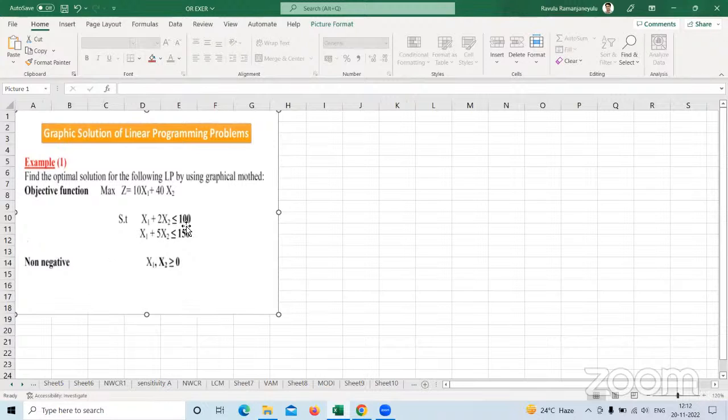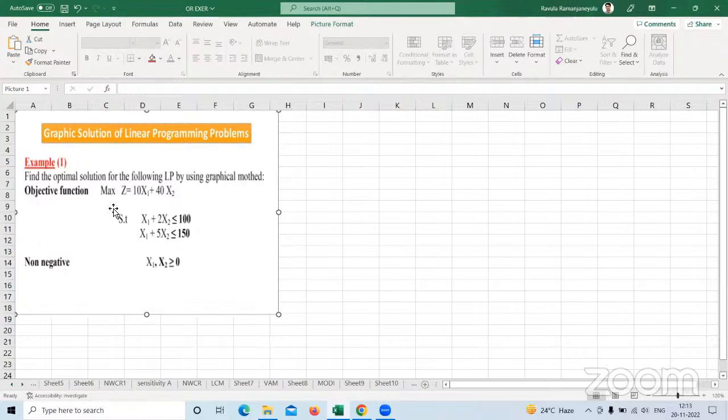The question is: find the optimal solution for the following LP by using the graphical method. We will discuss the simplex way; graphical also we can do, and simplex way also.